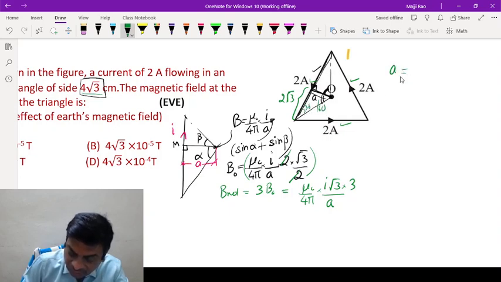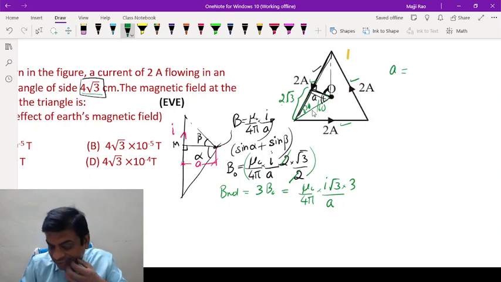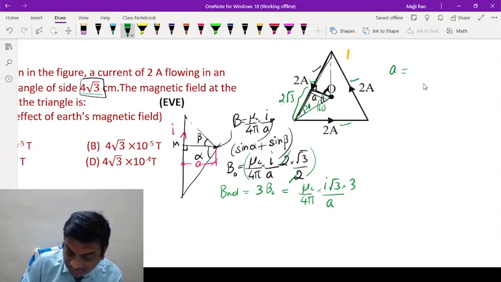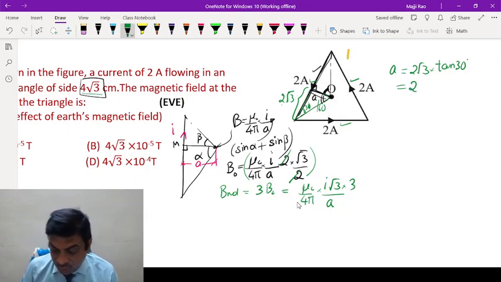So A will be equal to, from this right angle triangle with respect to this angle, A is 2 root 3 into tan 30 degree. Tan 30 degree is 1 by root 3. So A is 2.